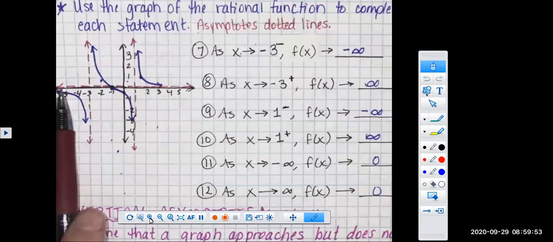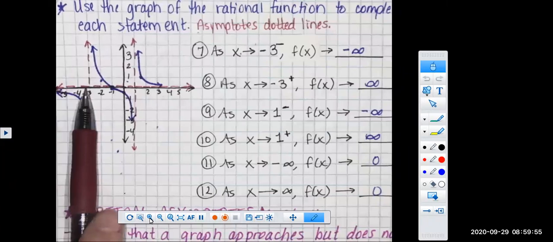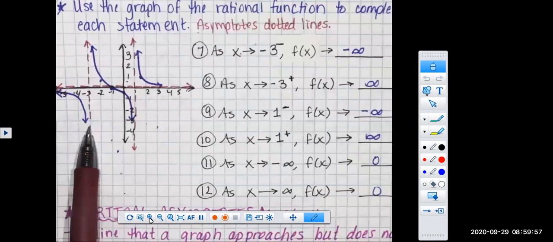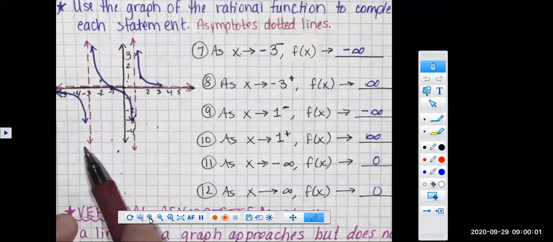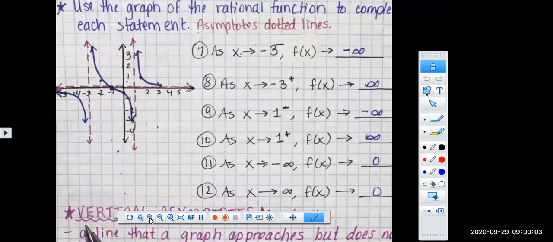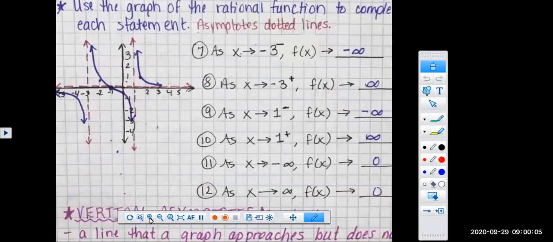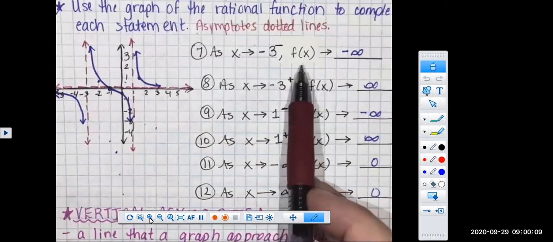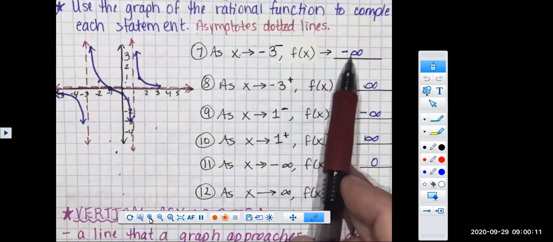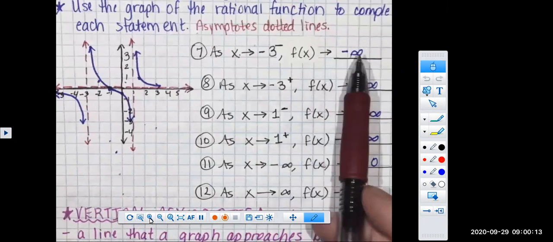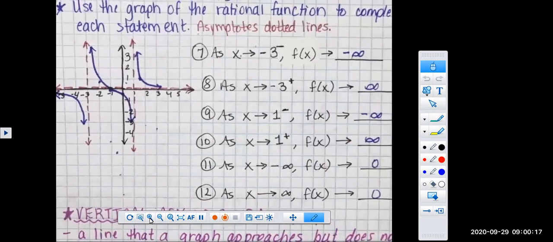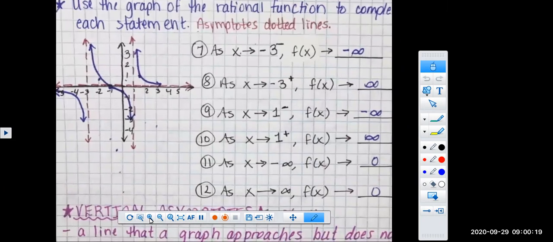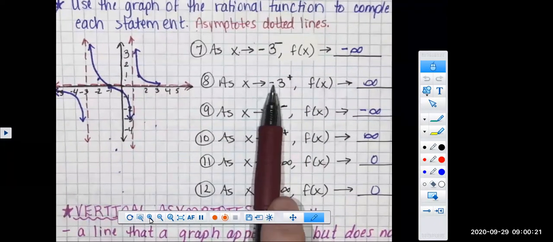What is y going to do all the way down closer and closer to that value of x, -3? Y is going to approach negative infinity. Do y'all see that? Okay. Tell me if you're lost or if it doesn't make sense. Or maybe you're just so quiet you're bored to death. Tell me that too.